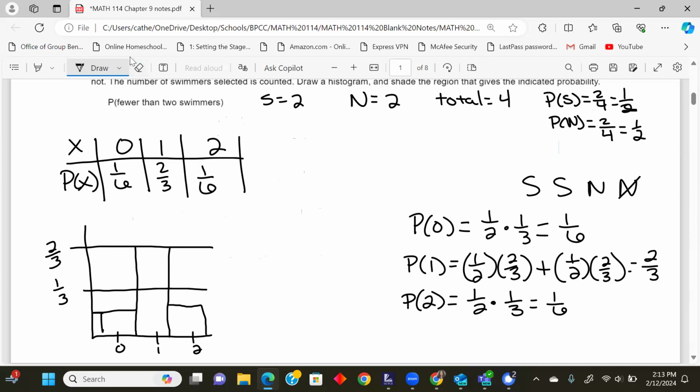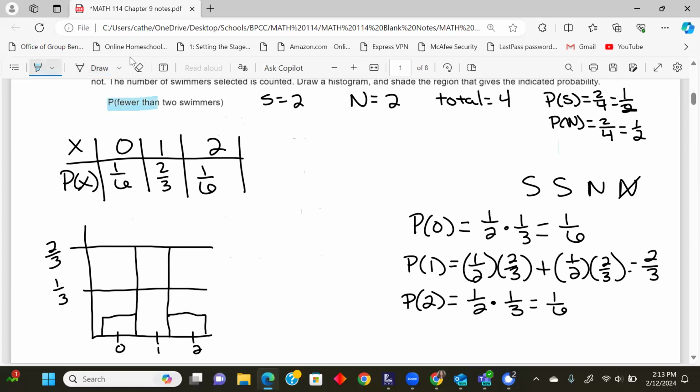All right. So that's what the bars would look like. Let me make this a little bit neater. And it should be like half. All right. So that's the histogram.